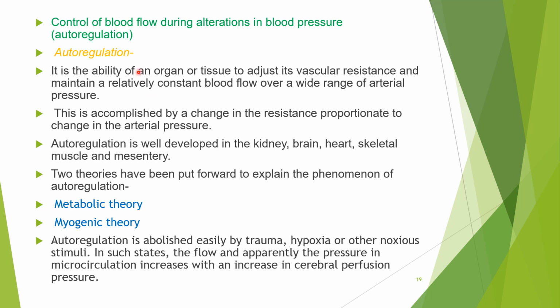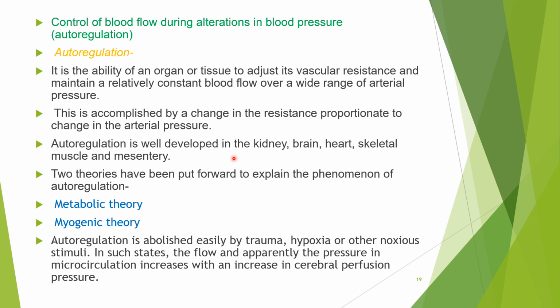This is accomplished by a change in the resistance which is proportionate to the changes in the arterial pressure. So how is it maintaining the constant blood flow? By changing its resistance. This change should also be proportionate to the changes in the arterial pressure.